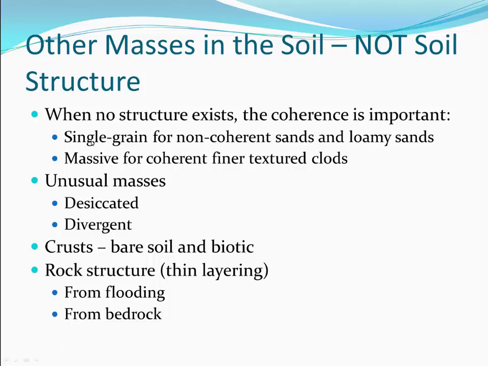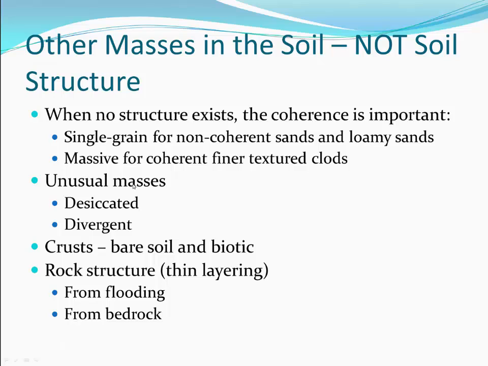So if you could insert the words single sand grain, then you would be able to relate that to the texture where we get this kind of structureless condition in the soil. For all other textures that have more clay or more organic matter, we get coherent masses that we call clods.